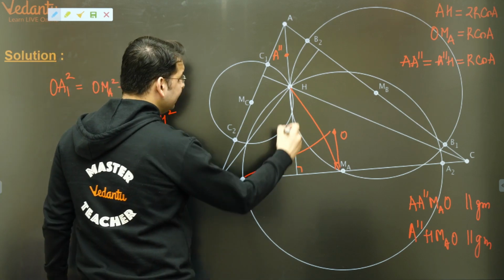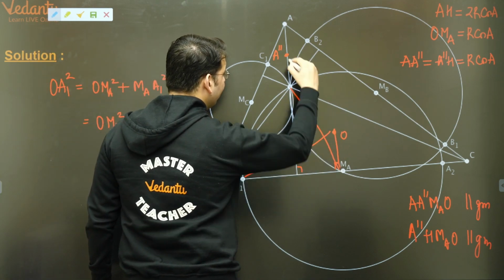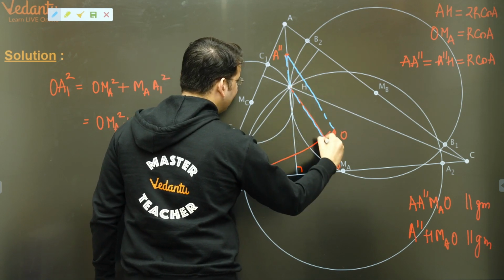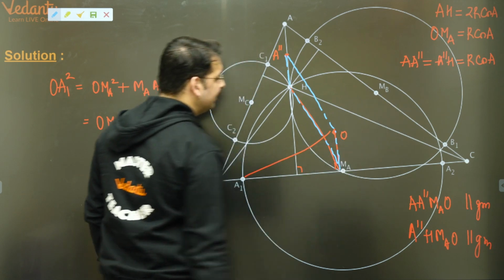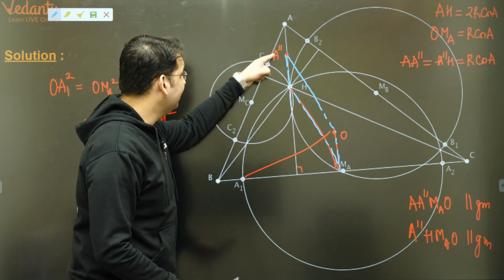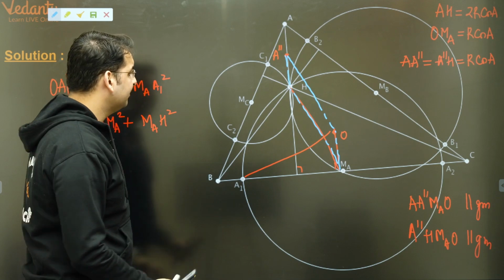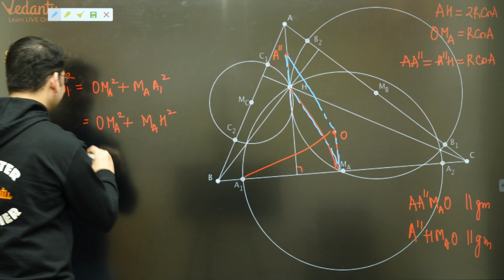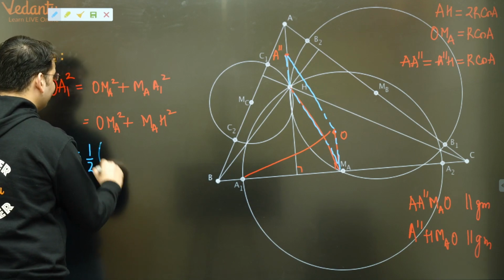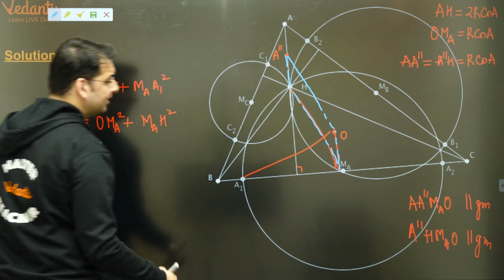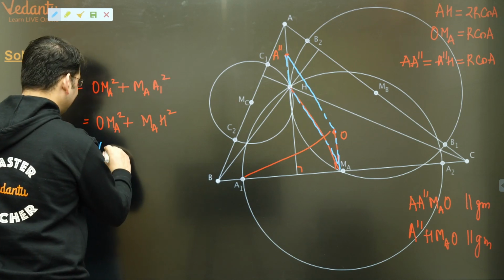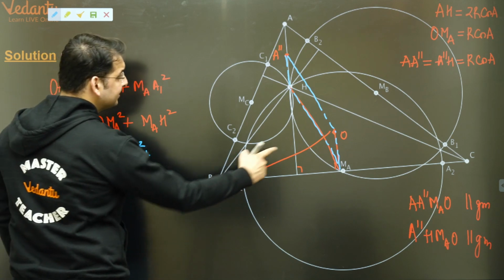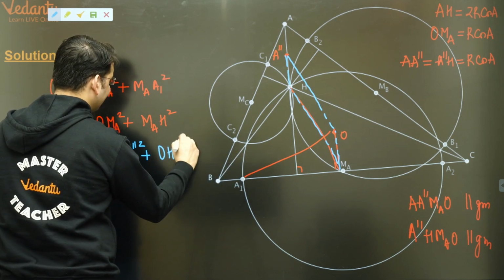Now we can see that H, MA, O and A double dash form a parallelogram, which we've already proved. So since O, A double dash, H and MA form a parallelogram, and OMA and MAH are the two adjacent sides, can I write that this is equal to half of the sum of the squares of the diagonals, which is MA A double dash whole square plus OH whole square.